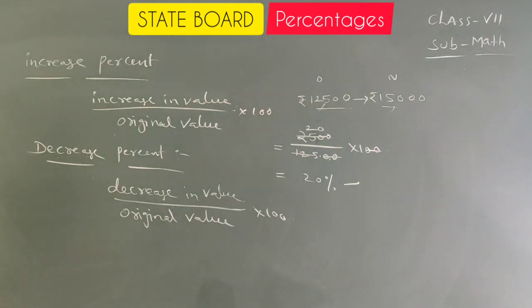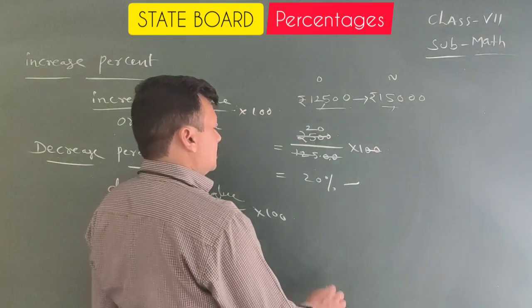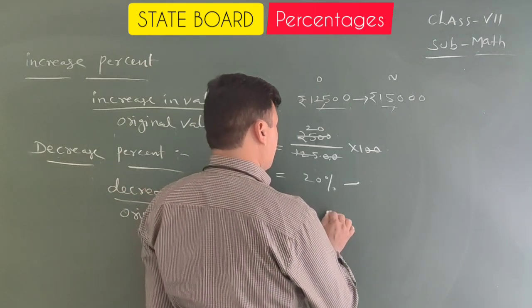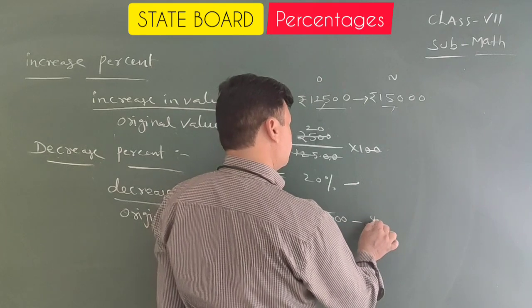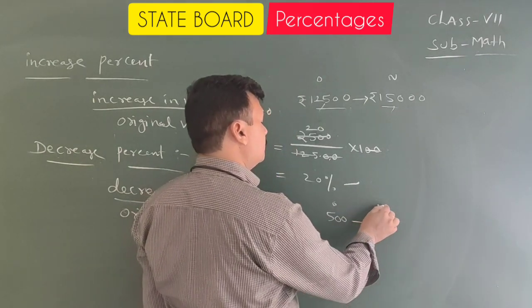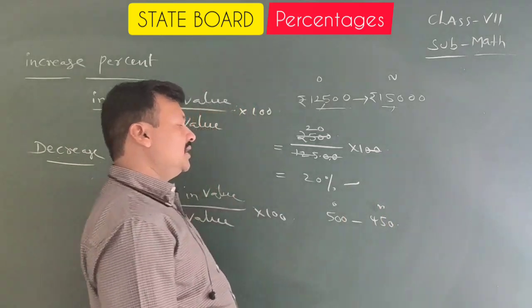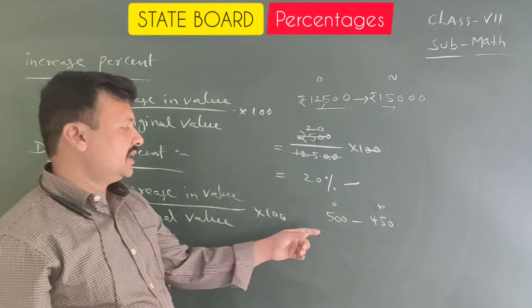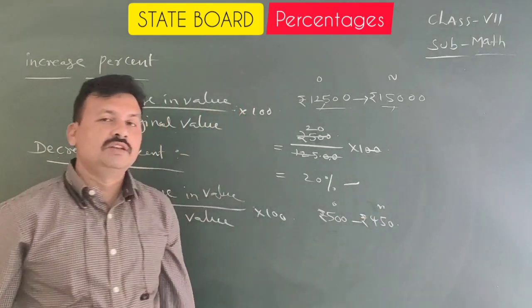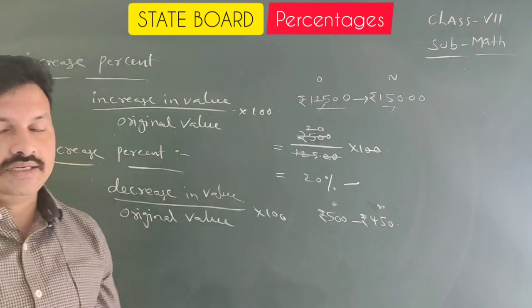Next, decrease percent. The article price decreases from 500 to 450. This one is old, this one is new. An article's price last year was 500, and it dropped to 450. Then what is the decrease percent?